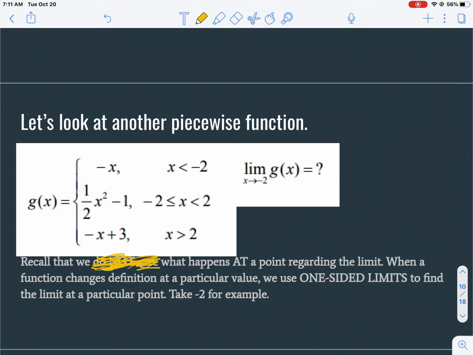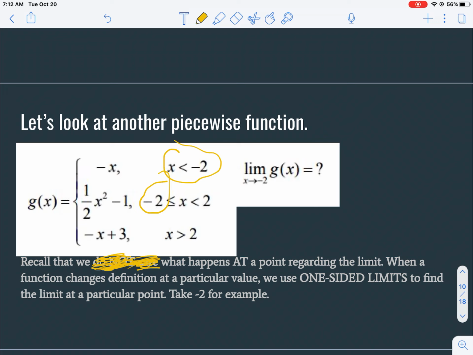So we want to look at the limit now when the intervals change, okay? So, for example, we're looking at the limit as x approaches negative 2 of g of x. But there's a negative 2 here, and there's a negative 2 here. So what do we do, right? That's the question.